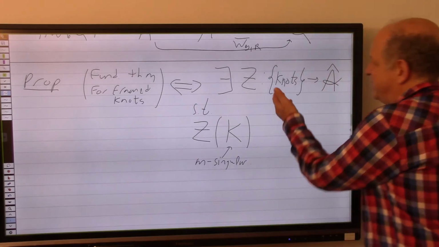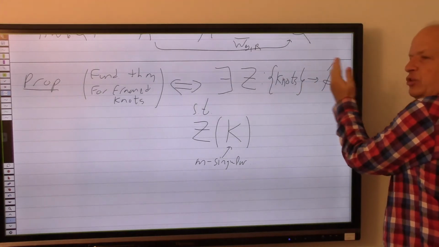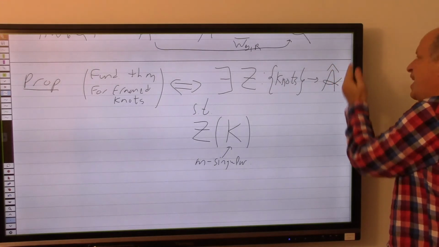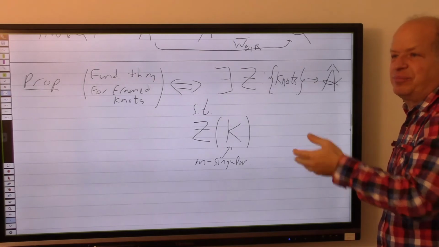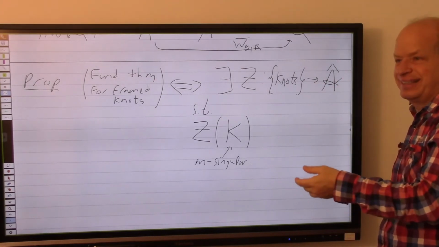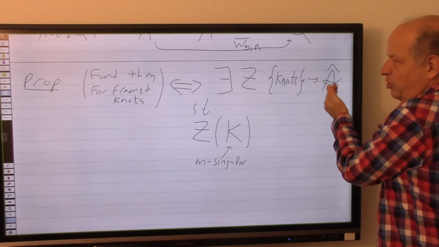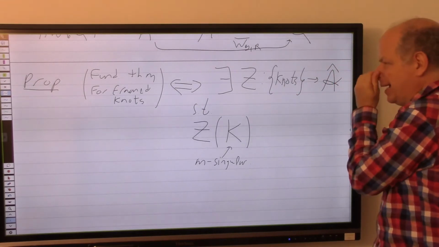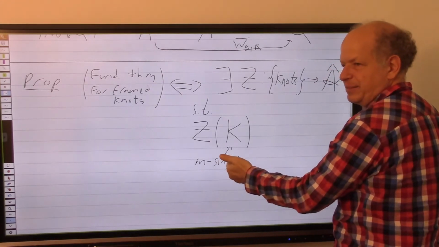Now, Z was defined on knots, but it has value in an abelian group. I mean, A hat is a Hopf algebra. It has lots of structure, but in particular, it's a vector space, therefore an abelian group. Therefore, every invariant of knots with values in A can be extended to singular knots.